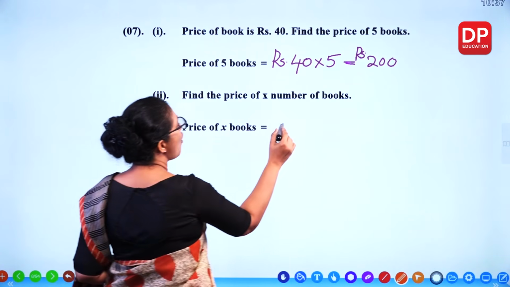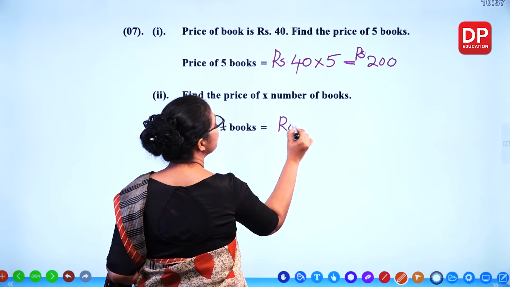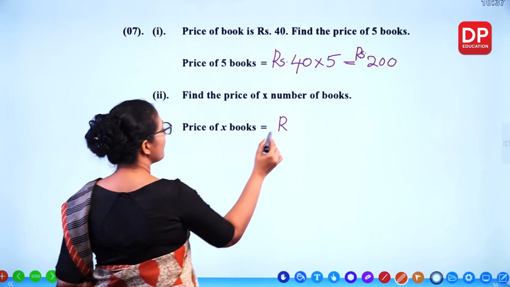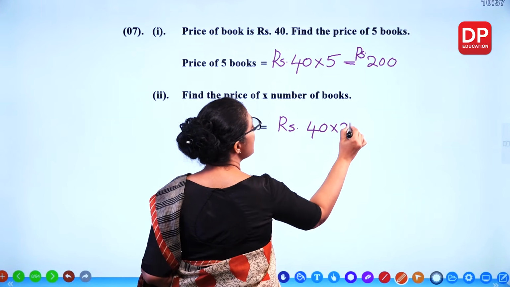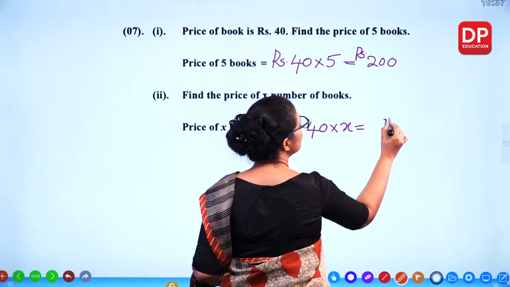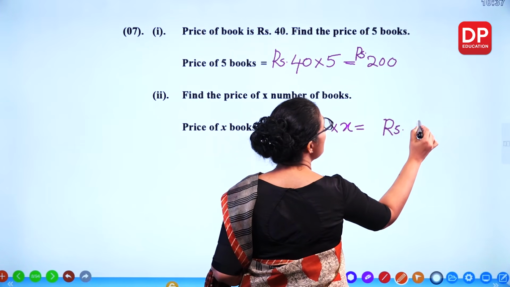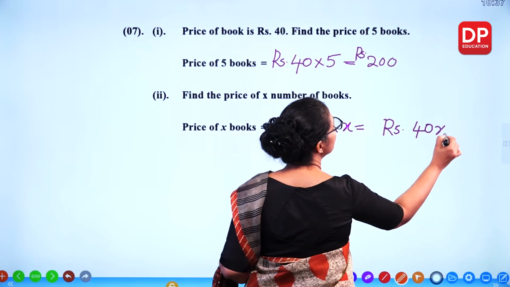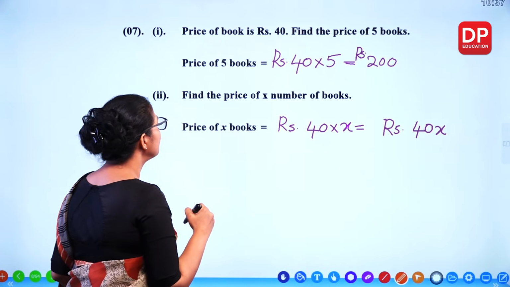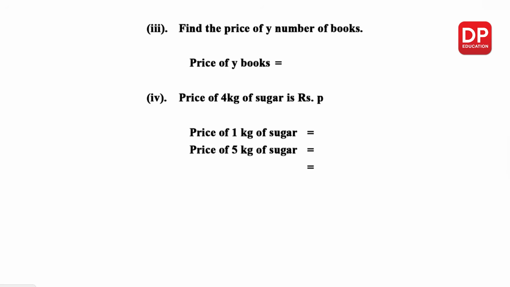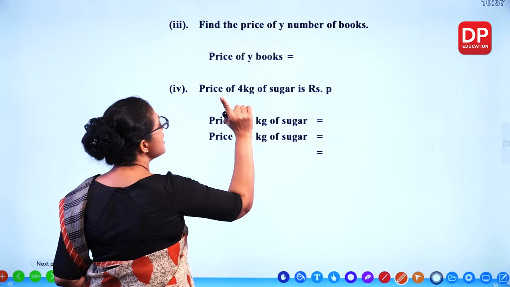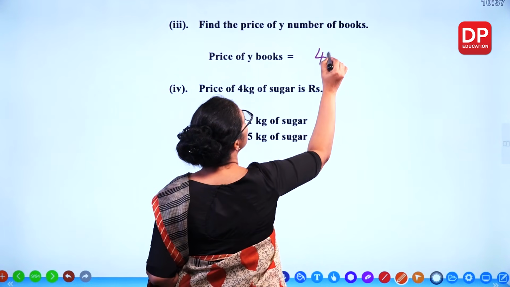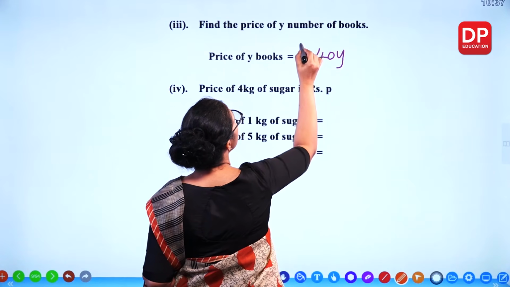That's 40 times x. You can write 40 times x as 40x. No need to write down the multiplication sign. Find the price of y number of books. 40 is one book, so you can write 40y.